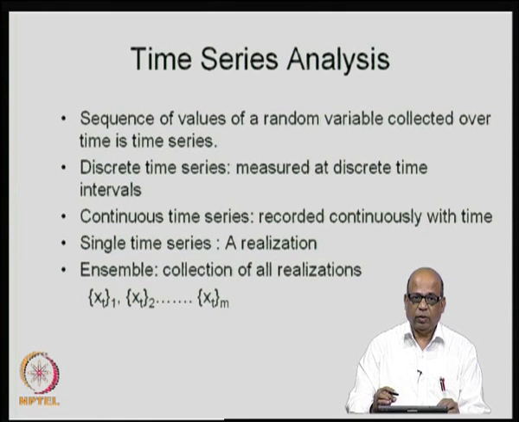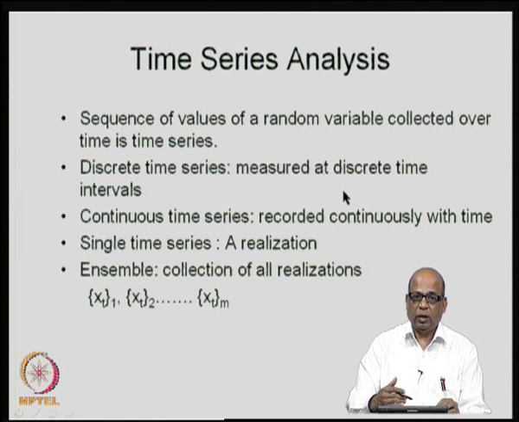Now, these observations may be made at discrete times. For example, rainfall, we may be measuring every day at 8 o'clock in the morning. So, today I measure at 8 o'clock in the morning, and tomorrow I will measure again at 8 o'clock in the morning, and then we provide the measurement for the rainfall during that particular day.